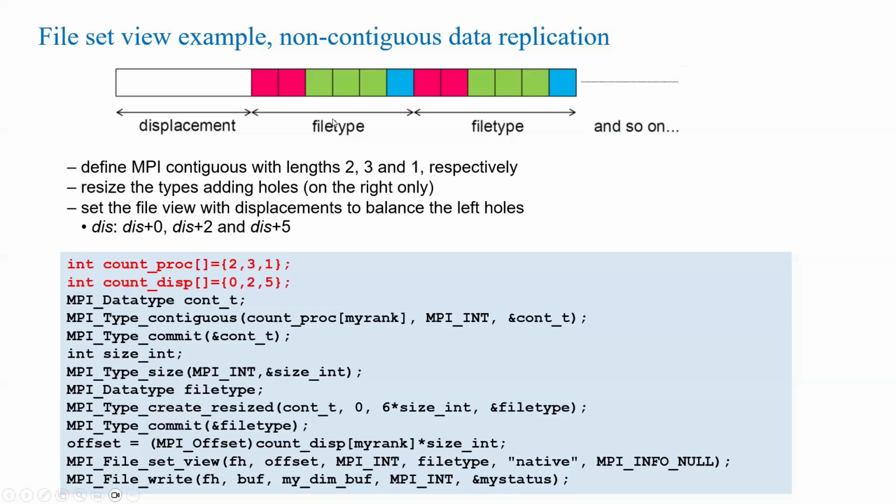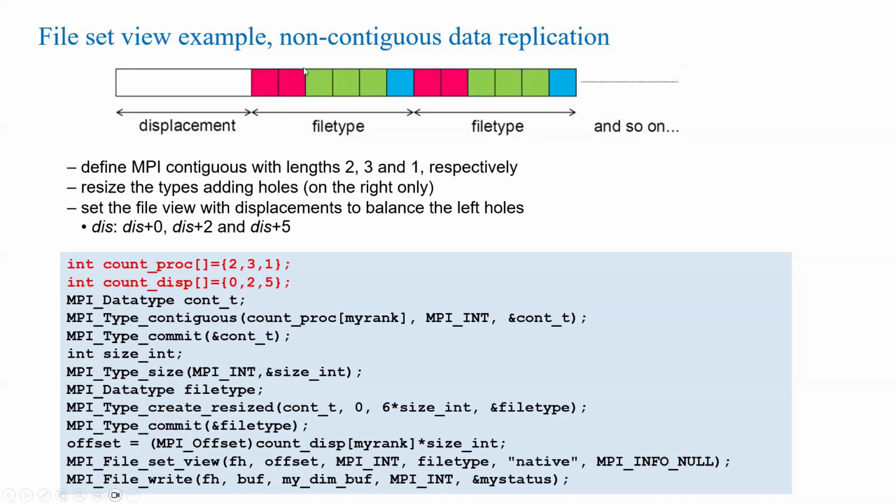So here, this pattern will start with a displacement. And in this case, the file type basically has a stride of 6, and we assume 3 processes.